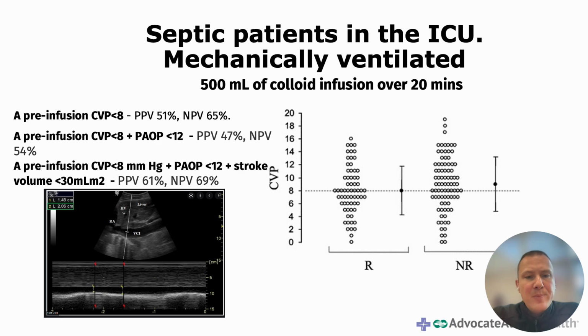And the other paper assessed septic patients in the ICU who were mechanically ventilated, and CVP correlation with volume responsiveness was very low as well. Actually, positive predictive value was 50%, meaning that whether a patient will respond to a fluid bolus with CVP less than 8 was as predictive as a flip of a coin.